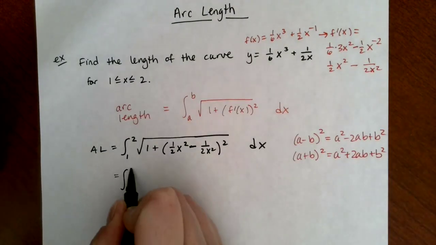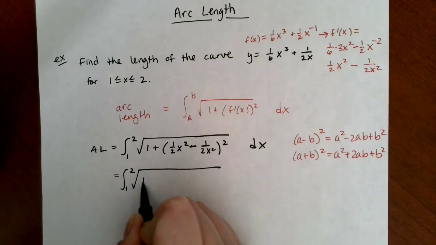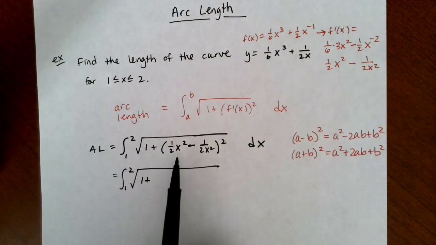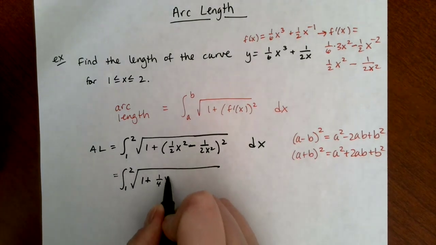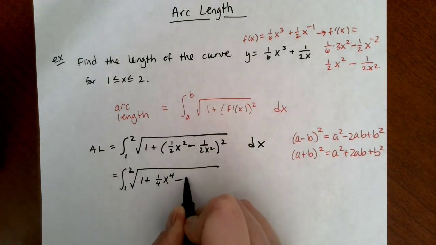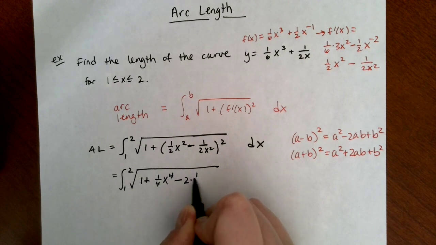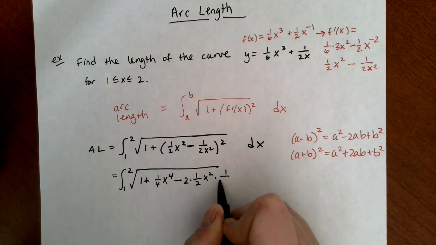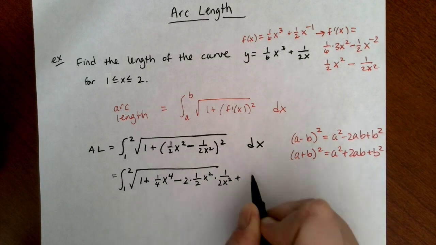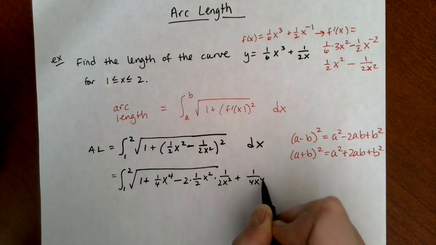I'm going to keep this in the integral. 1 plus. All right, so 1/2 x squared is my a, so I'll have a squared minus 2 times a times b plus b squared.